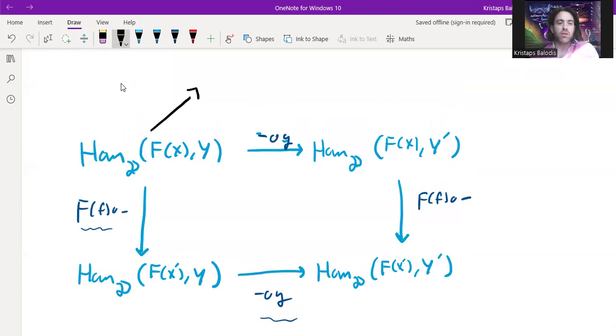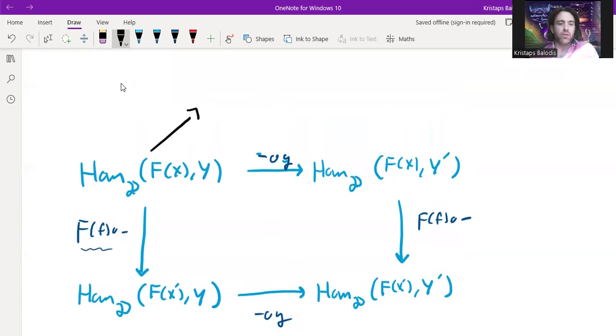But our other option then is now we've got these maps, theta x y, that should relate things to Hom in C of x, g y, right? So I've got a map there.